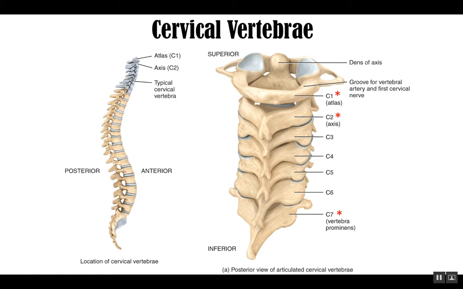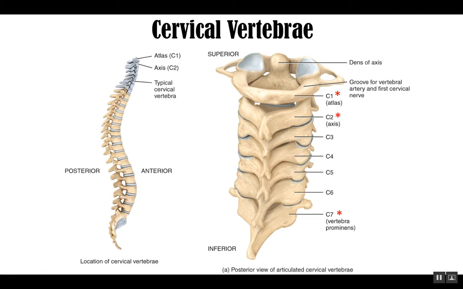Just as the atlas here, the C1 vertebra, holds up your skull. So the skull articulates with the atlas using the occipital condyles attaching to these superior articular facets. A facet is a smaller flat surface for articulation.